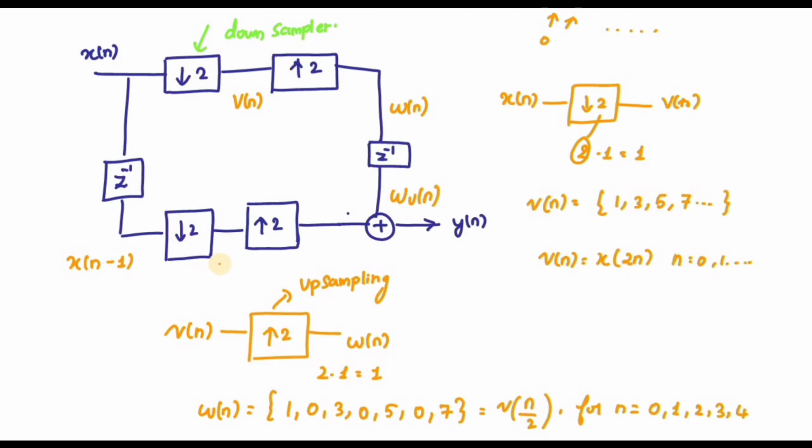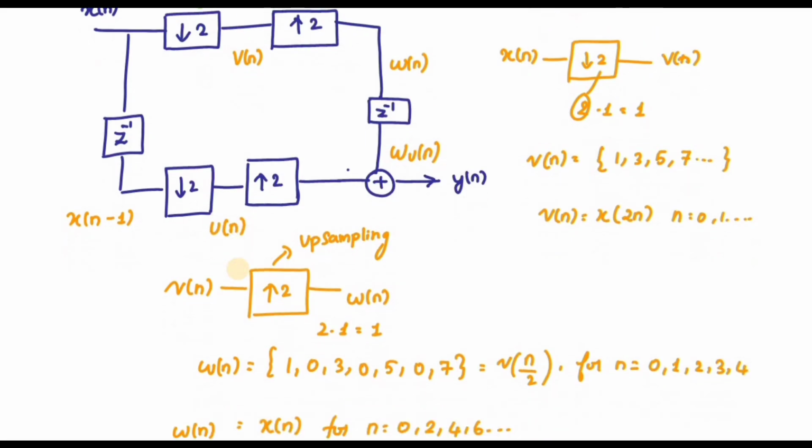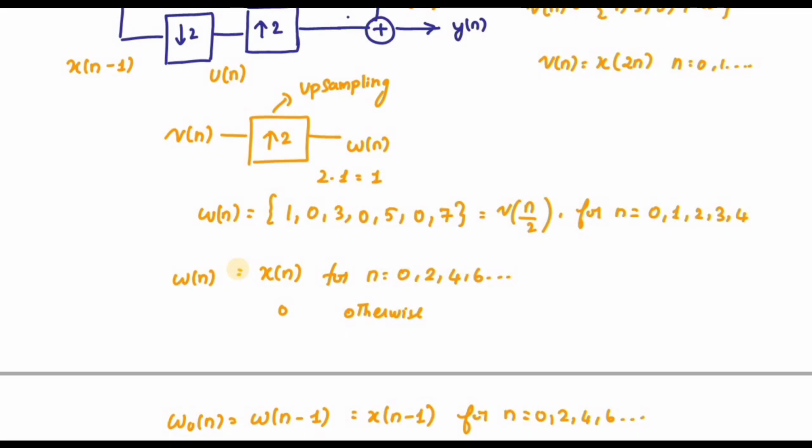So how to find the value of U of n? It is nothing but a downsampling.